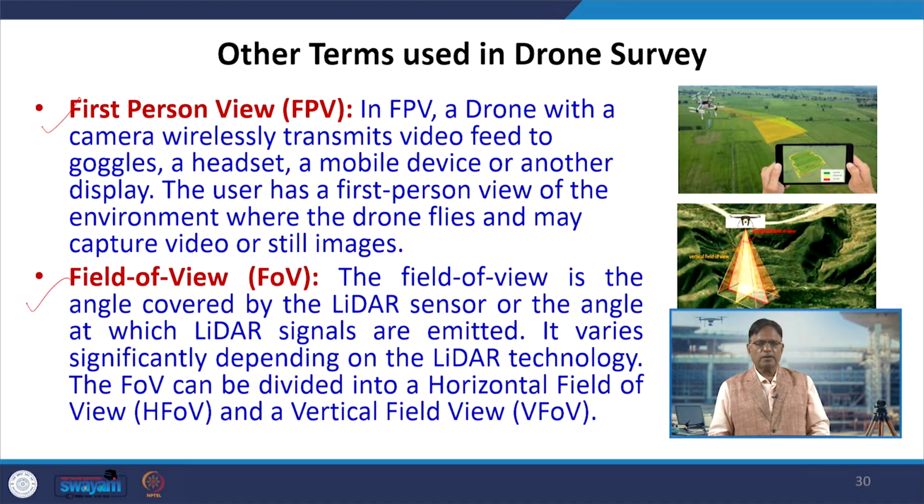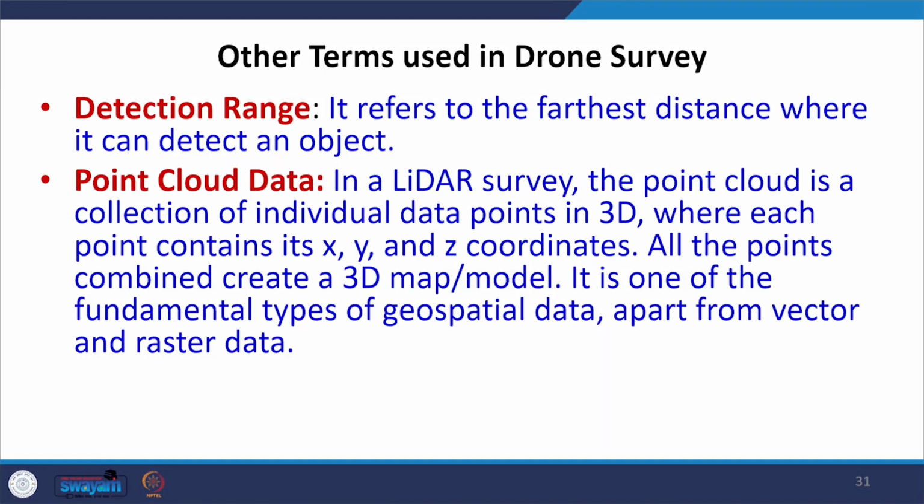As you can see in the diagram here also, this is the field of view of a LiDAR system. Then we are using terms like detection range, and the name itself suggests that it refers to the farthest distance where the sensor mounted on the drone can detect an object.